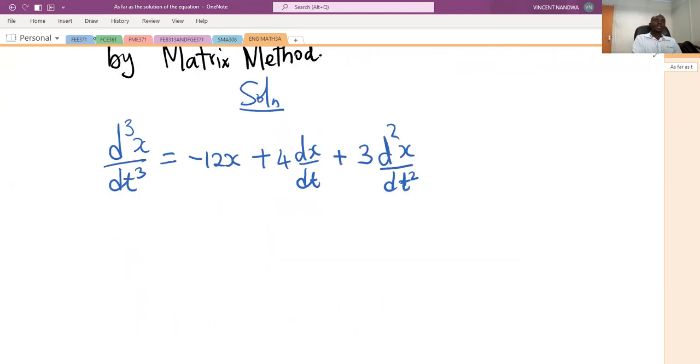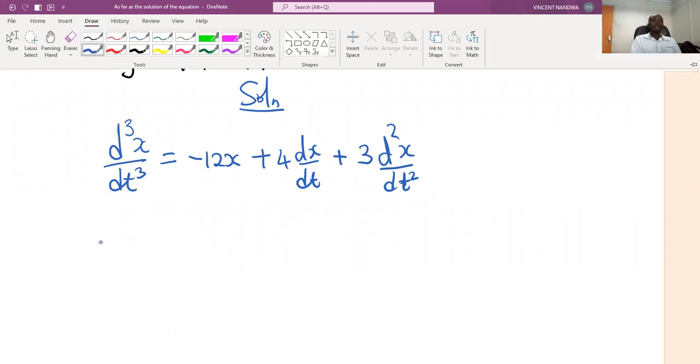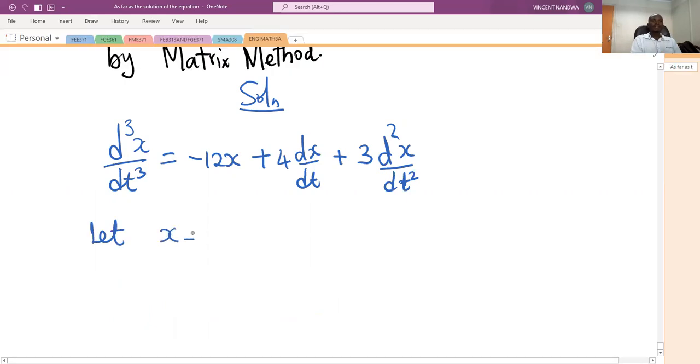And then the next step, you introduce a new variable. Let x be x1.